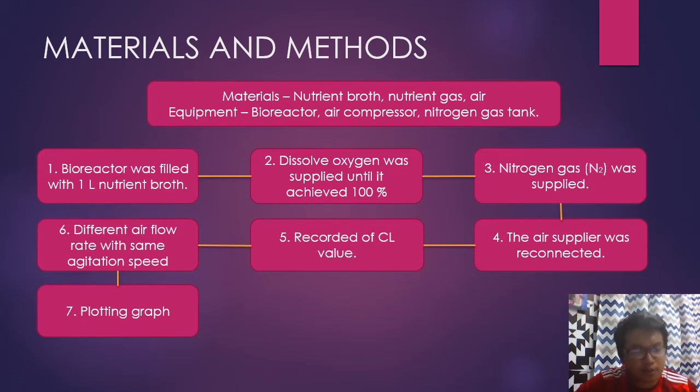In this experiment, we use different airflow rates, which are 1.0, 2.0, 3.0, and 4.0 liters per minute with the same agitation speed of 100 rpm. The last step is we plot the graph of ln(C star minus CL) against time.